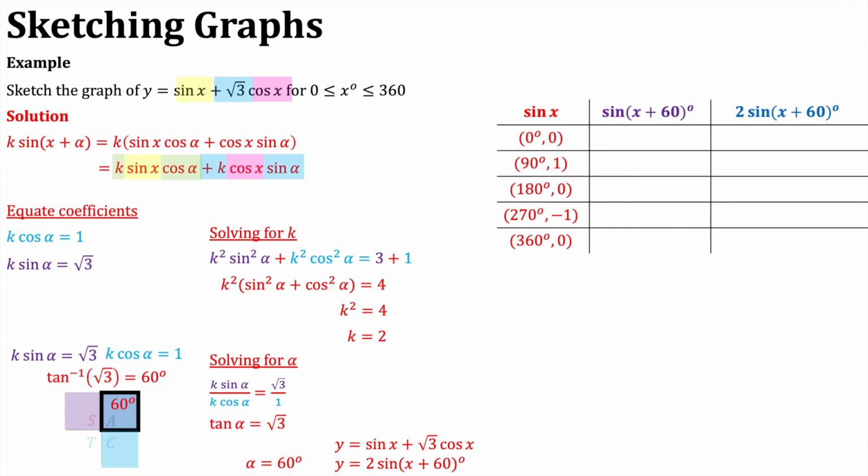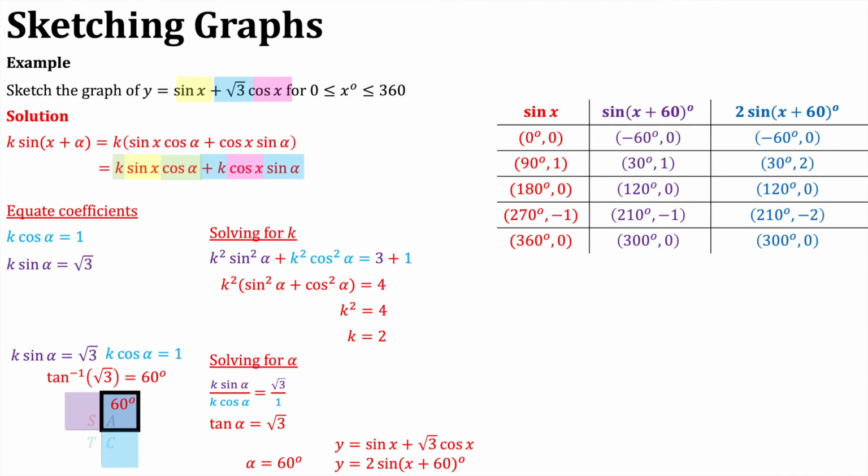Now, on the graph of sine of x plus 60, I need to subtract 60 degrees from all of my x ordinates. So that will give me (-60, 0), (30, 1), (120, 0), (210, -1), and (300, 0). And finally, I need to multiply my y ordinates by 2.